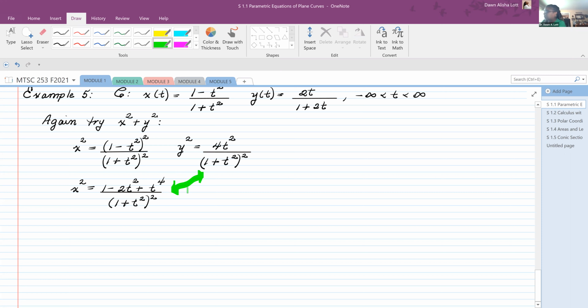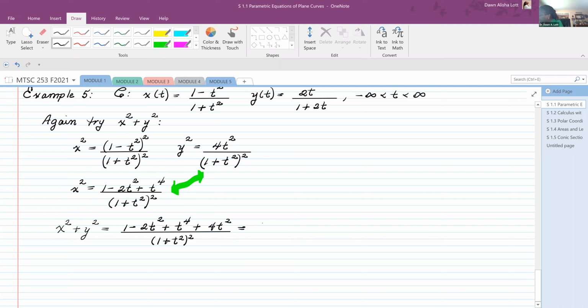So let's add them together. So x squared plus y squared is 1 minus 2t squared plus t to the fourth plus 4t squared over 1 plus t squared, squared.